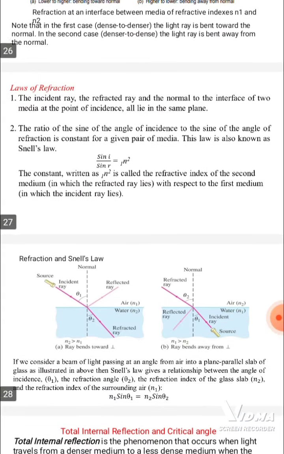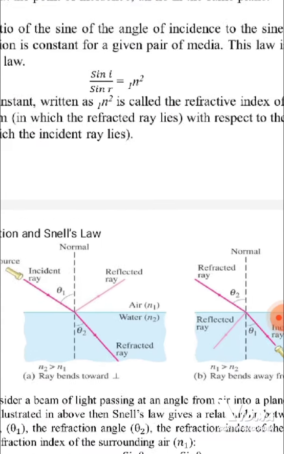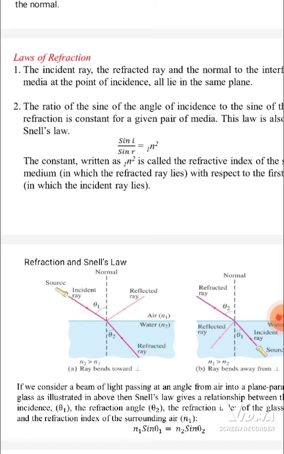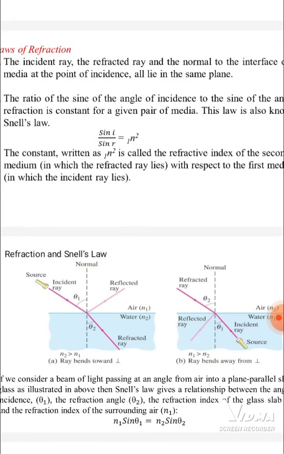There's also a formula which we use in our calculations. I've said earlier what happens with bending away from the normal and towards the normal, moving from a higher refractive index to a lower one, and from a lower one to a higher one. So you have the expression n1 sine theta 1 equals n2 sine theta 2.